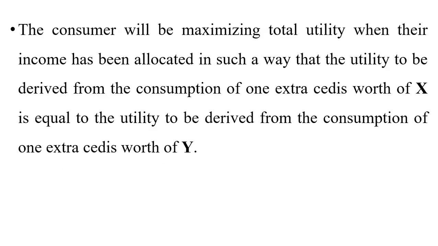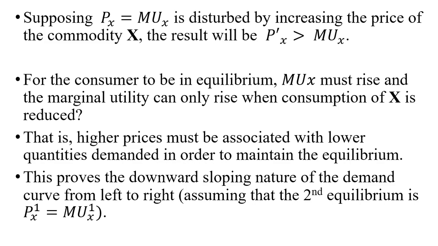So you can see that when the price is disturbed and it goes up, the left hand side of the inequality is greater than what? The right hand side. And for us to restore equilibrium, the right hand side must also increase. But how would that increase? The right hand side can increase only when the consumption of commodity X decreases.